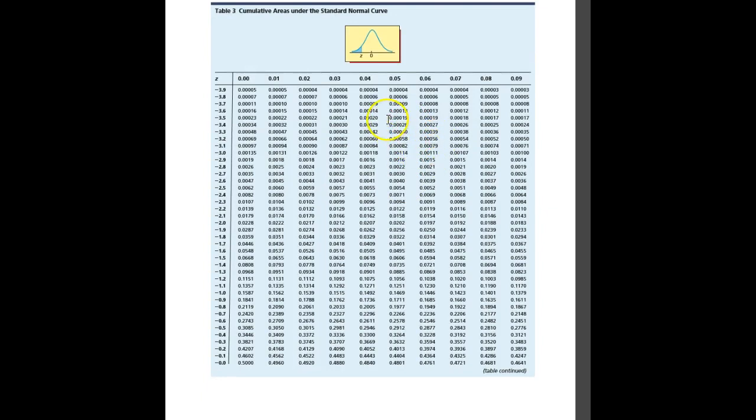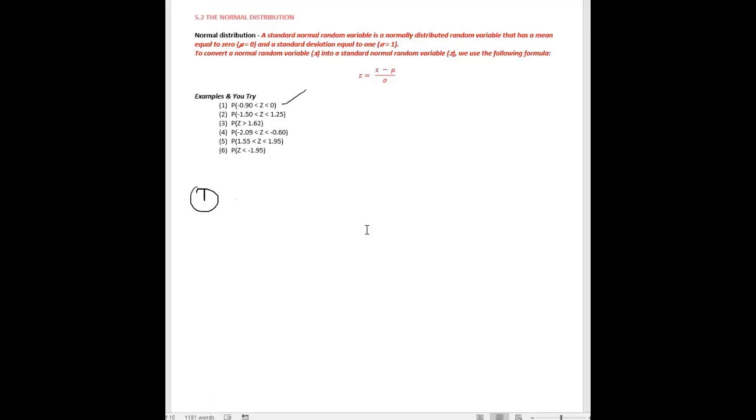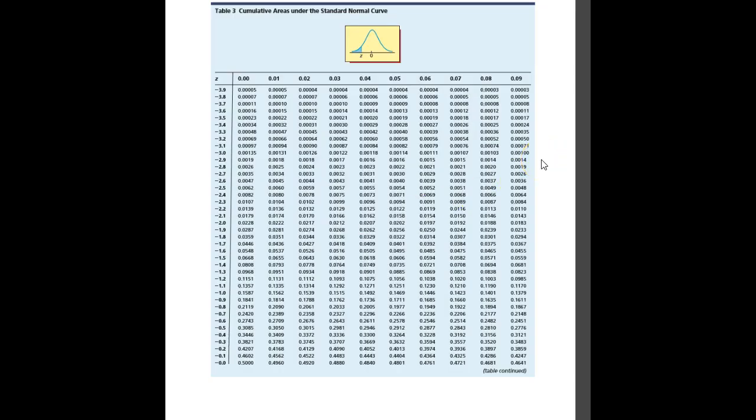0 is the same as negative 0.00 or whatever. What we want to do is recognize that when we calculate probabilities, this table is only going to give us cumulative probabilities, meaning it's going to give us everything up until that point, right?